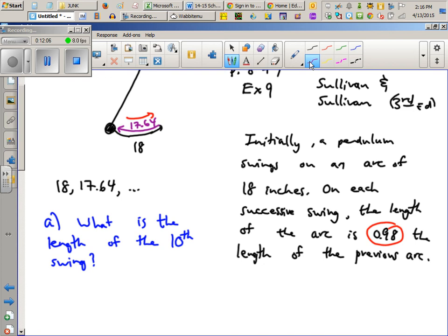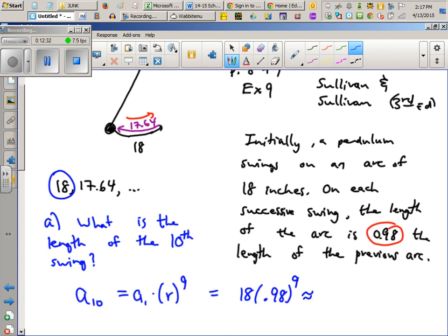So you're looking for A sub 10, but that would be found by doing A1 times r to the 9th, right? Since the first swing was 18, that's the first term in your list here, and the common ratio is 98% of that. Basically each of these is 0.98 times the previous. So each swing is 0.98 times the previous. Also, you can say 98% of the previous.